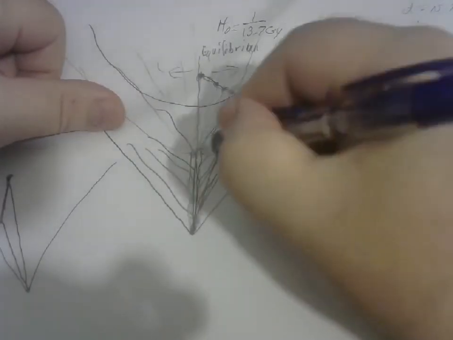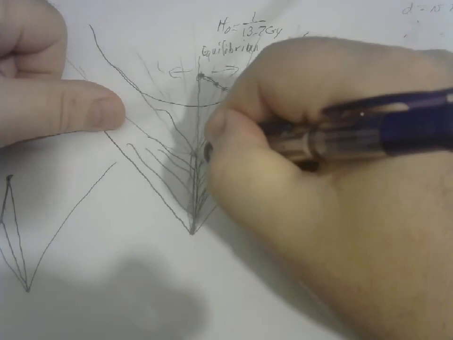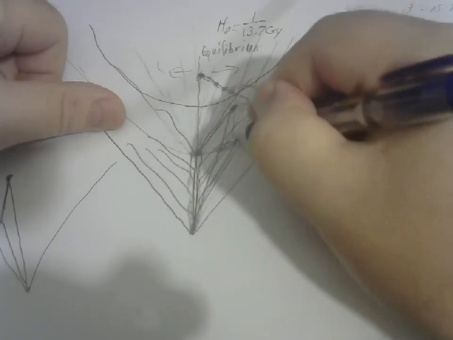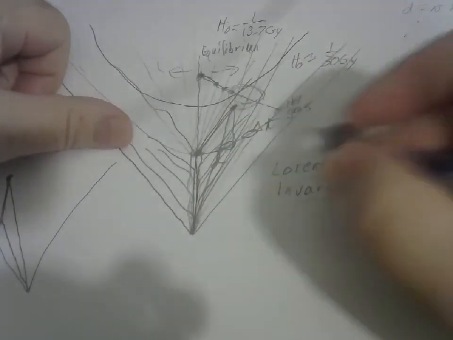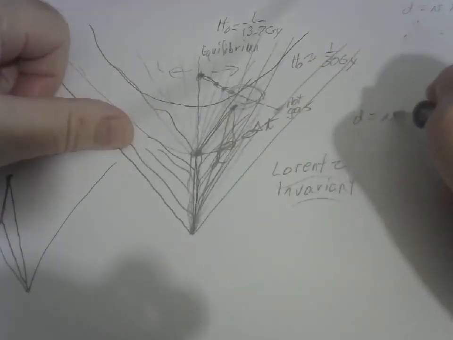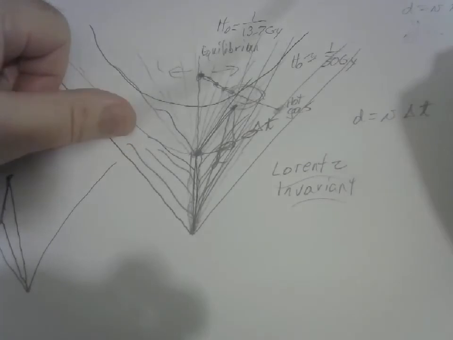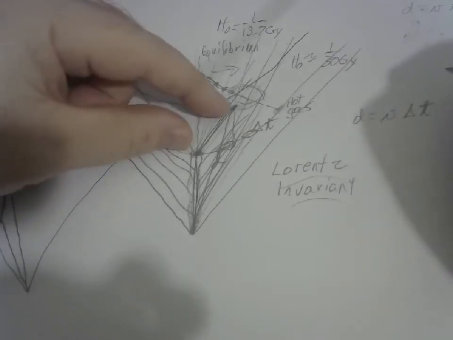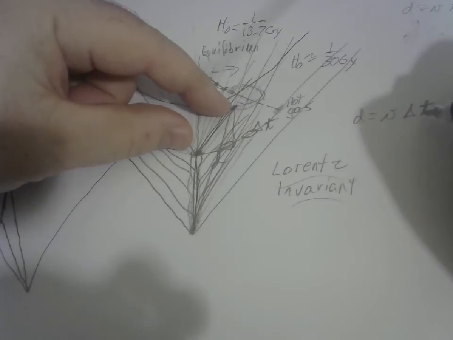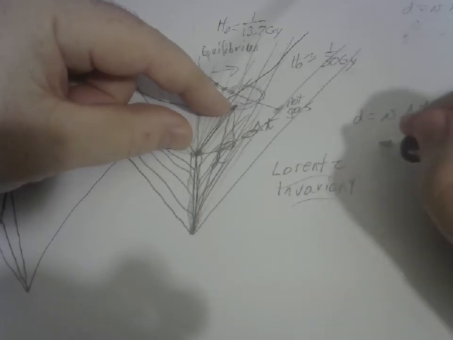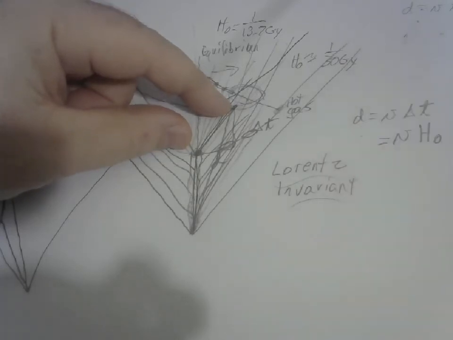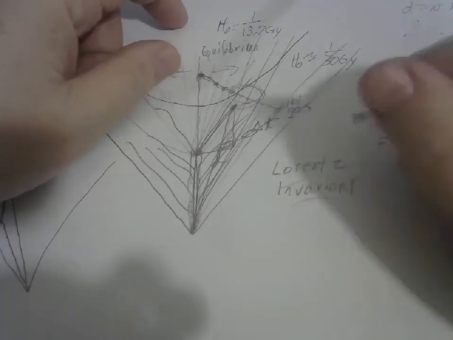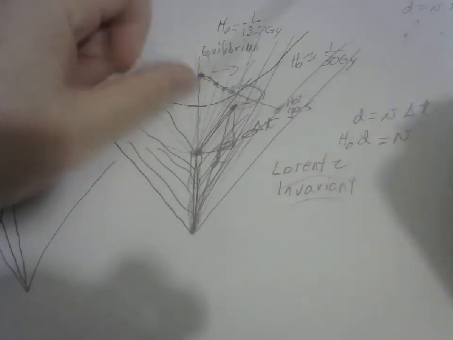My premise is that if I go from here to here, that's delta t right here, and this is distance. So distance is equal to velocity times delta t, right? And Hubble's law is velocity equals h naught times d.